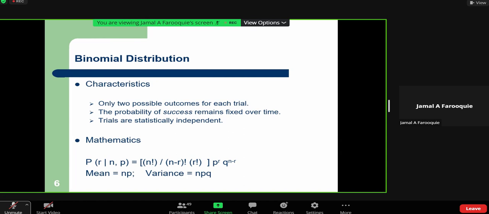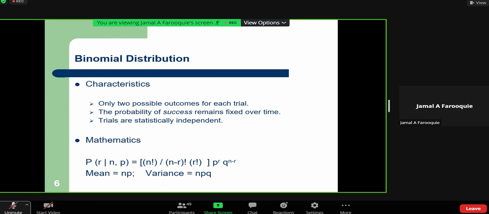So it will be probability of r given n, p, with 2 in place of n and 0.50 in place of p, and this can be determined using the right hand side: factorial n over factorial n minus r factorial r, and the whole multiplied by p raised to the power r, q raised to the power n minus r.